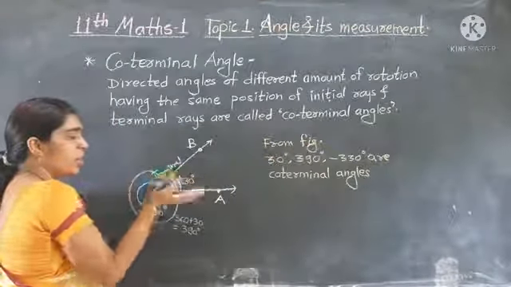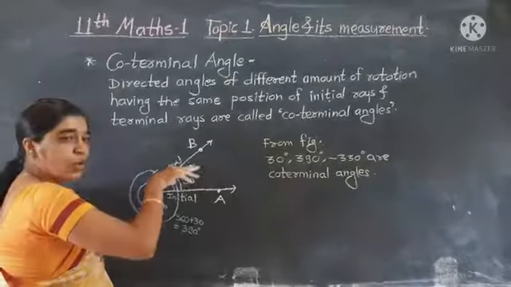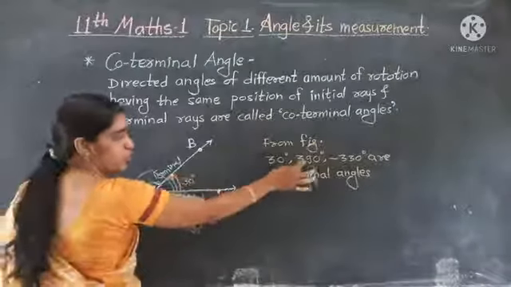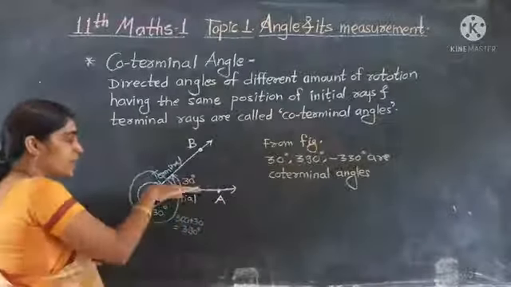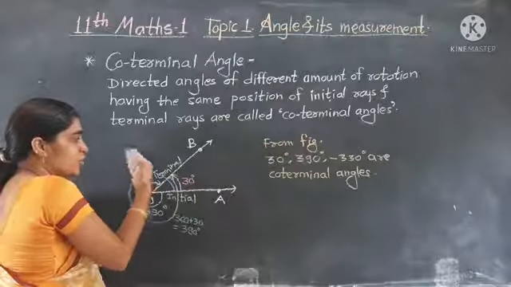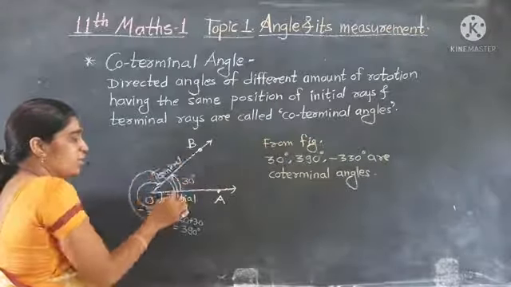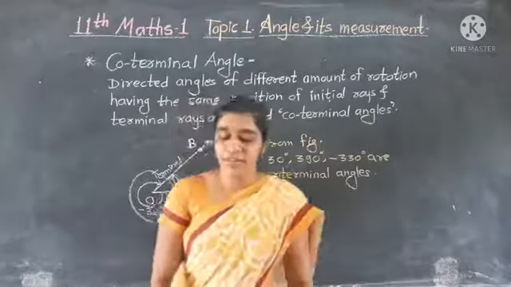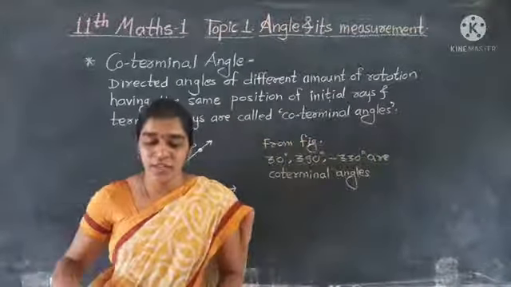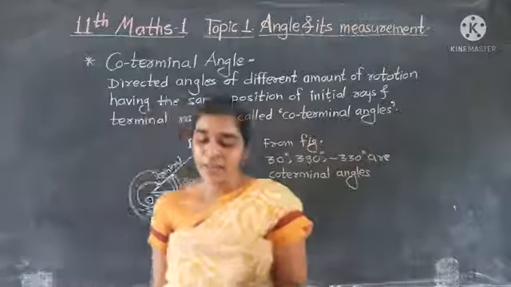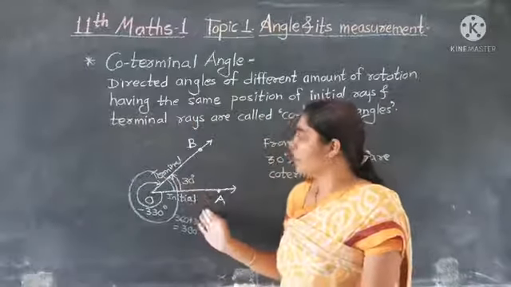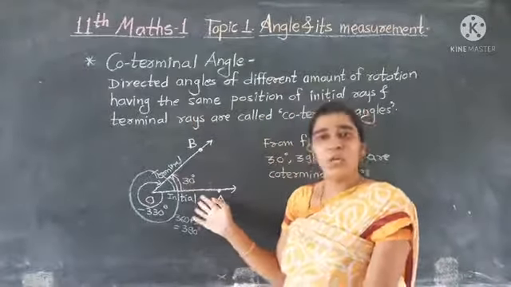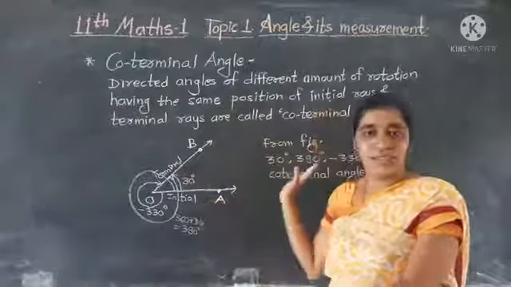Both these 30 and 390 are in anti-clockwise direction, so it is positive. And here OA is the initial arm, I take clockwise direction up to OB, so it is -330 degrees. Okay, understand? So these are the angles. You can write such types of angles are called co-terminal angles.